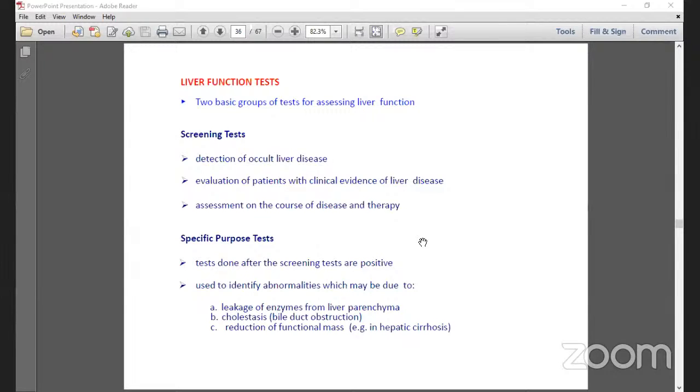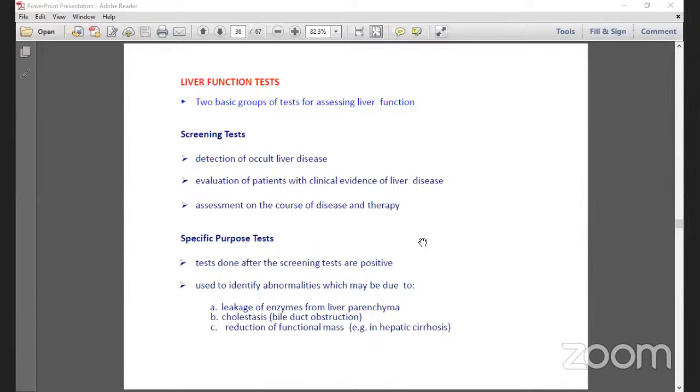Okay, so the liver function test. There are two basic groups of tests for assessing the liver function. The first one is screening tests, and number two is specific purpose tests. The specific purpose test is done after screening tests are positive, and we use it to identify abnormalities which may be due to the leakage of enzyme from the liver parenchyma.